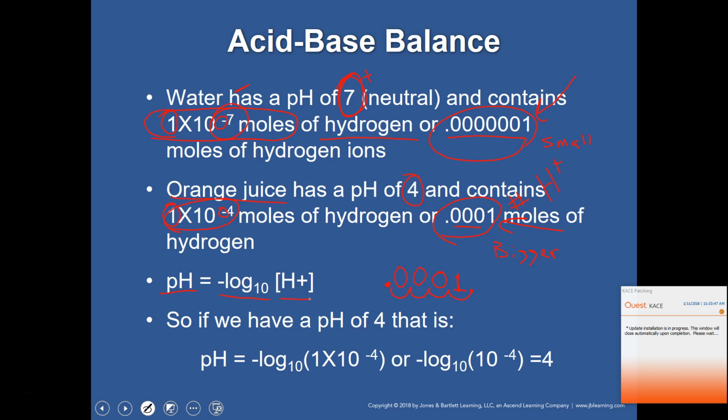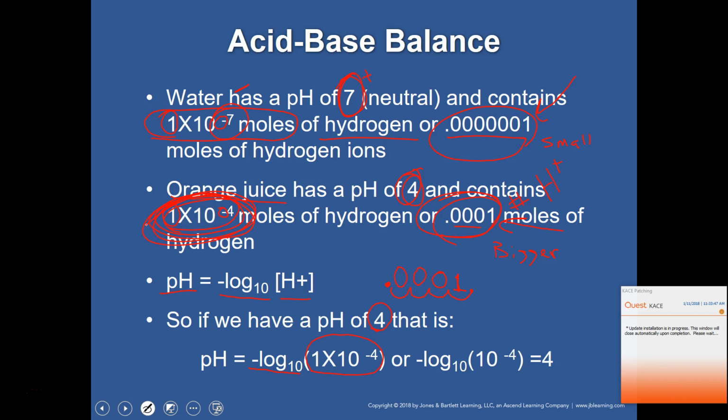And so if we have a pH of 4, that is the negative log of 4 right here. So we see the scientific notation. Remember, orange juice had a pH of 4 right here, which is this, which gives us this. So we know that this is the scientific notation of hydrogen, and that's what we have to use.